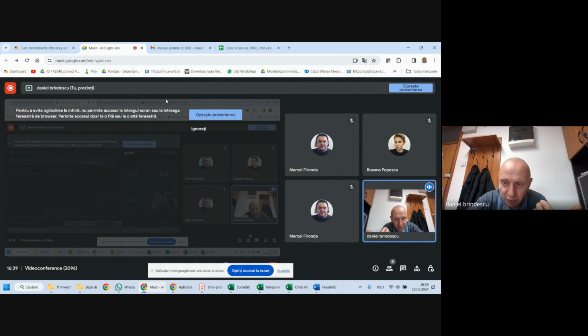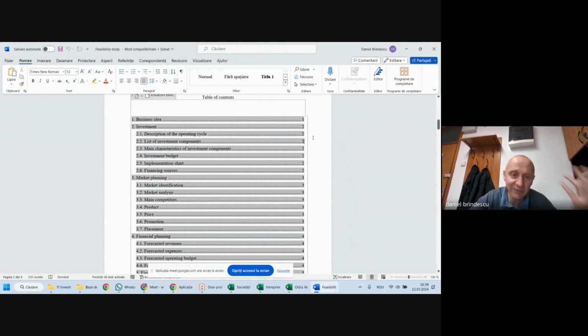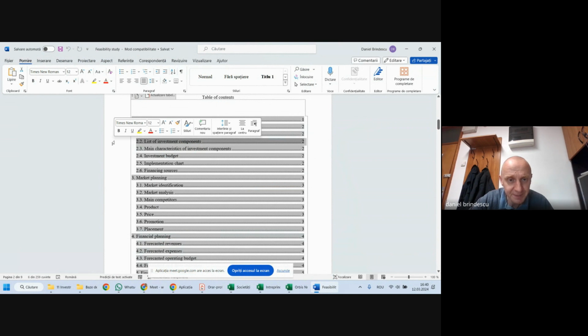Coming back to what we have to do. Under these circumstances, we need to forecast the results of operating the investment. So on one hand, we have to configure the investment. I'm coming back to our feasibility study. We will have to configure our investment, so to know what to invest in, it's this part of the feasibility study.